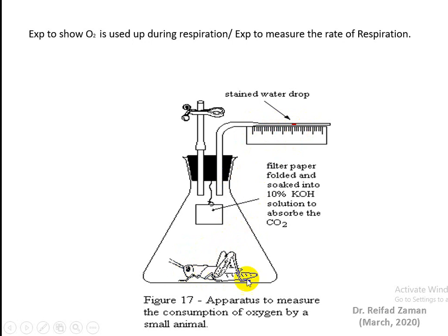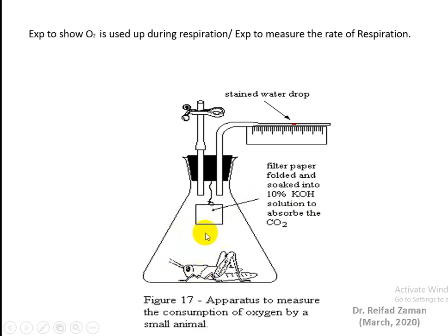So when we place this insect here, the insect is going to absorb oxygen from the conical flask and release carbon dioxide. However, the carbon dioxide will not stay in the conical flask; rather, the potassium hydroxide will absorb the carbon dioxide, and the oxygen is consumed by the insect itself.